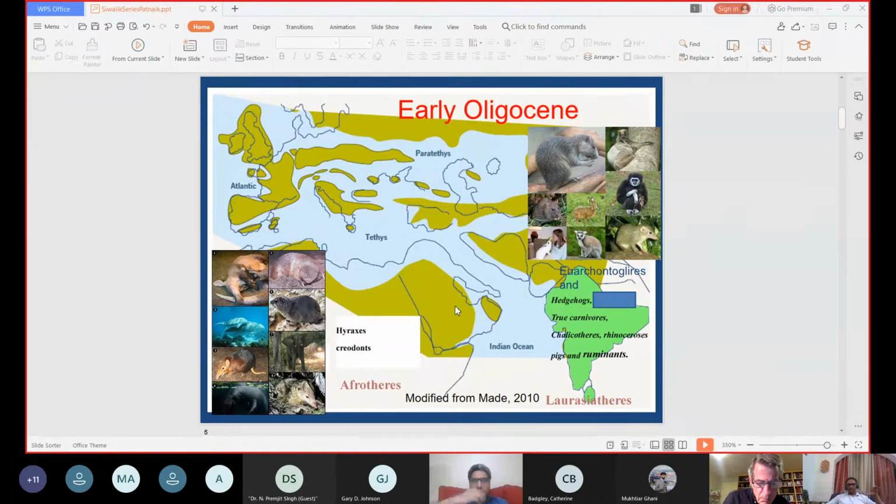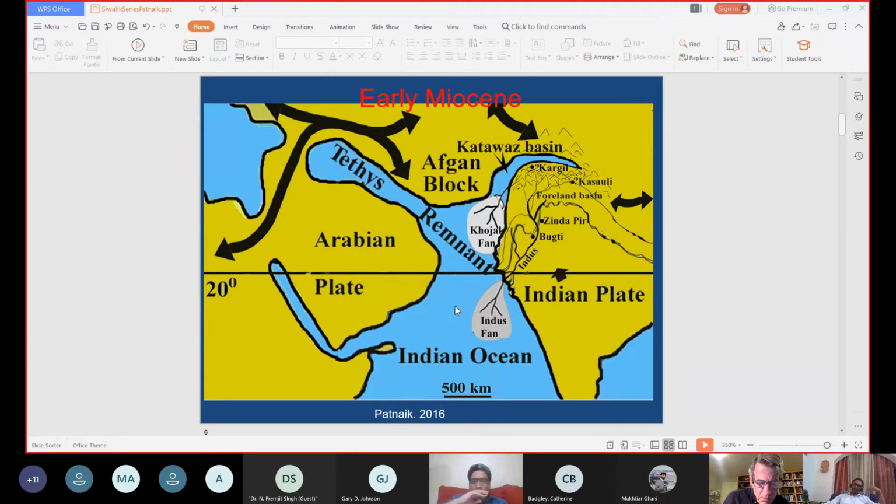So when we go further towards early Miocene, Africa gets attached to Asia. So that was a big change, in the sense you now have a land connection that allowed African elements to migrate into Eurasia, and the Eurasian elements could now seep into Africa.